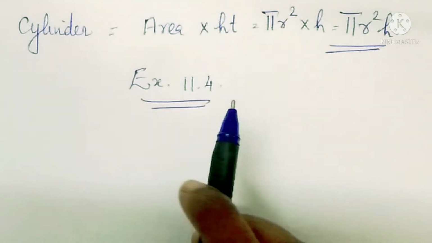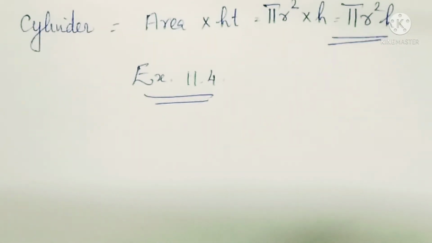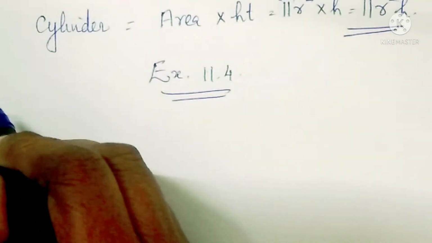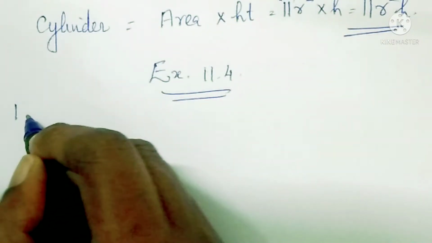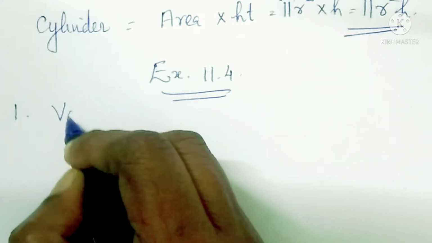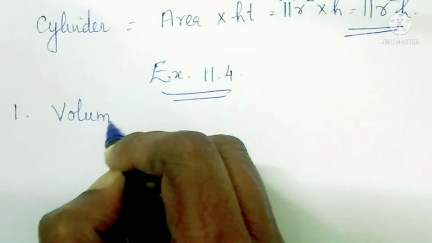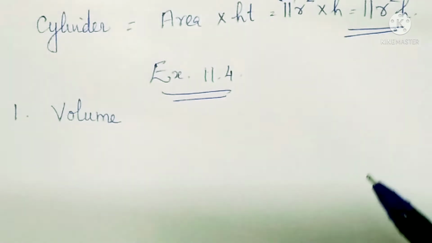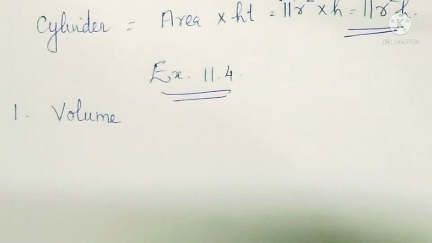The first situation is to find how much it can hold. What will you find out? To find how much it can hold, as we just discussed, that is volume, or its capacity. Now, the number of cement bags required to plaster it.